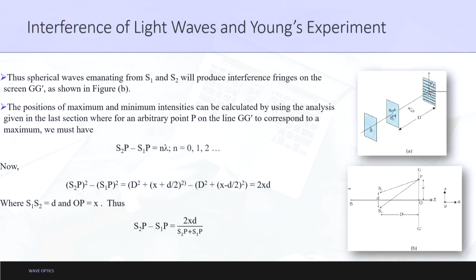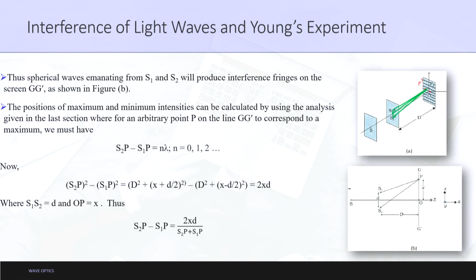Let me make a different diagram for now. Let us say the point is some P dash, and if the distance from S1 to it is the same, two triangles are being formed.